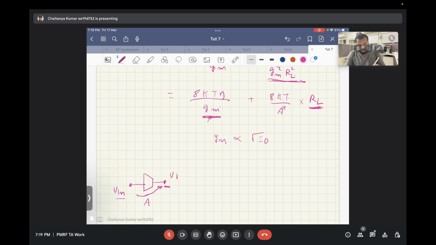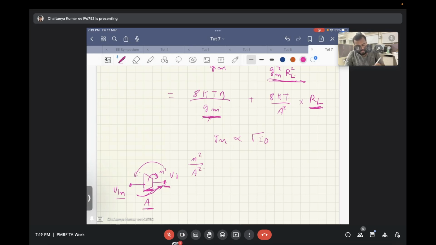Yeah. There is some gain from input to this node called A. Now there will be some noise that will be generated by this component, let's say n square. Now the input referred noise will be something like n square by A square, correct?